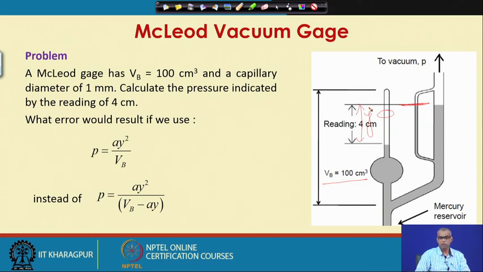We want to calculate the pressure indicated by the reading of 4 centimeter. And we also ask that if I use P equal to Ay square by VV instead of P equal to Ay square by VV minus Ay, what error would result? Because this is an approximation to this. So, we want to know how much error there will be.